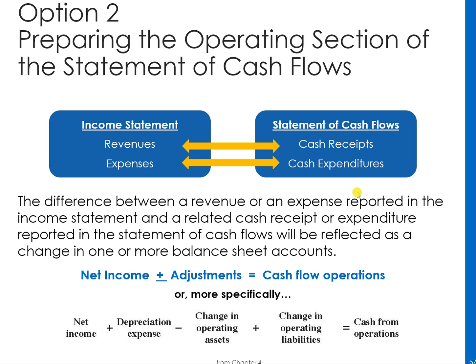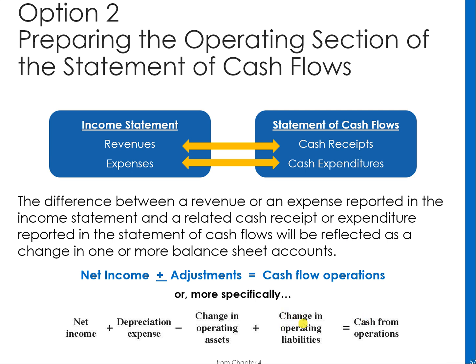And other differences can be adjusted by subtracting an increase in operating assets and adding back any increase in operating liabilities. Why is that the case? For example, if we have an increase in inventory, right? We must have paid cash to purchase it. So it increases our inventories, but it has no implication for net income. Therefore, we subtract an increase in inventory to adjust the difference between net income and the cash flows.